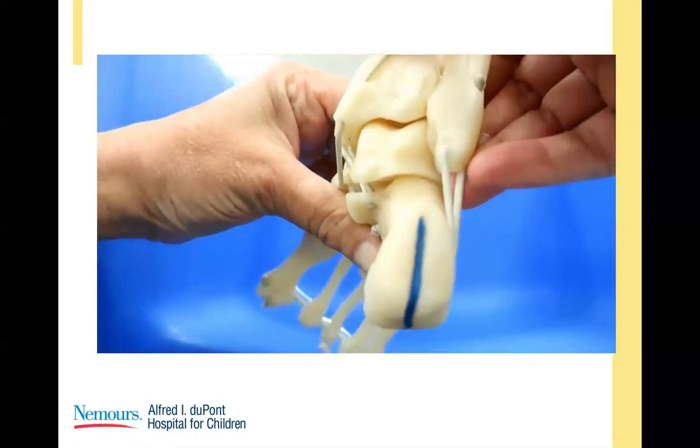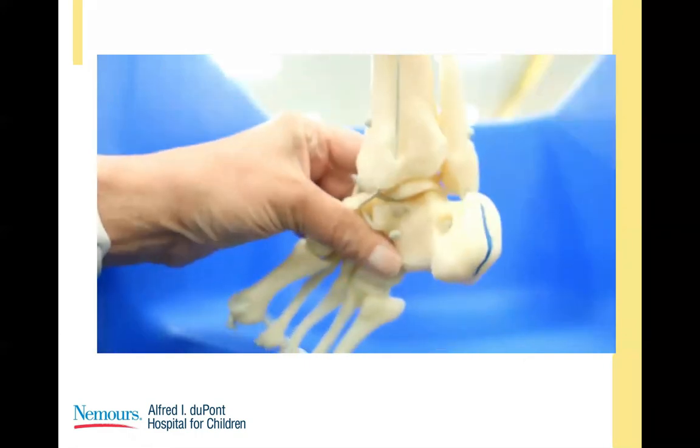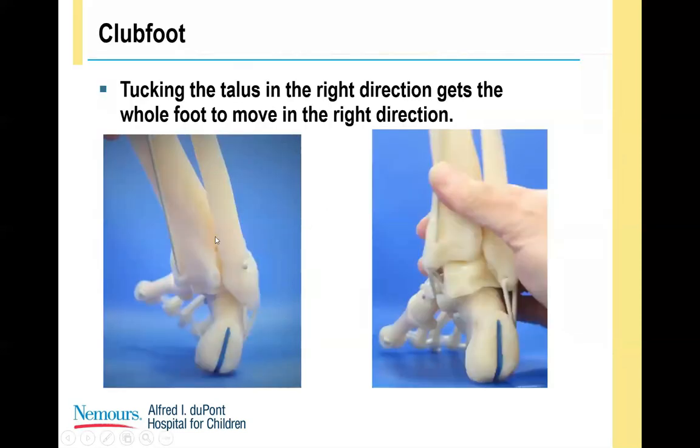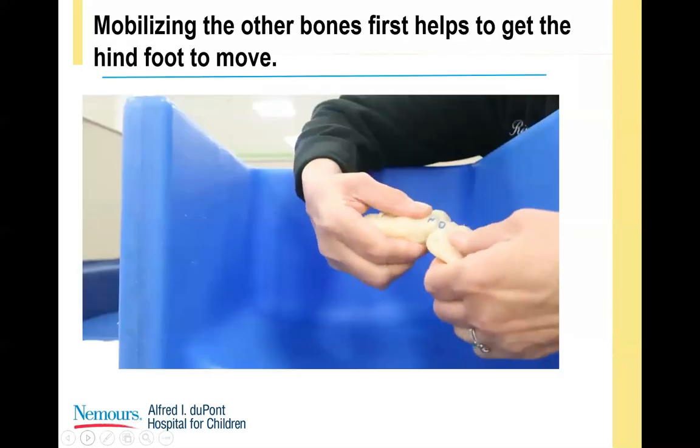The hindfoot goes from varus to neutral once you get it all tucked in and in the right position. And here's the foot unchecked, and then with the talus tucked in the right position. You can see in the unchecked foot, the talus isn't underneath the ankle bones, and then you can see it's really well covered within the ankle, in the mortise joint.